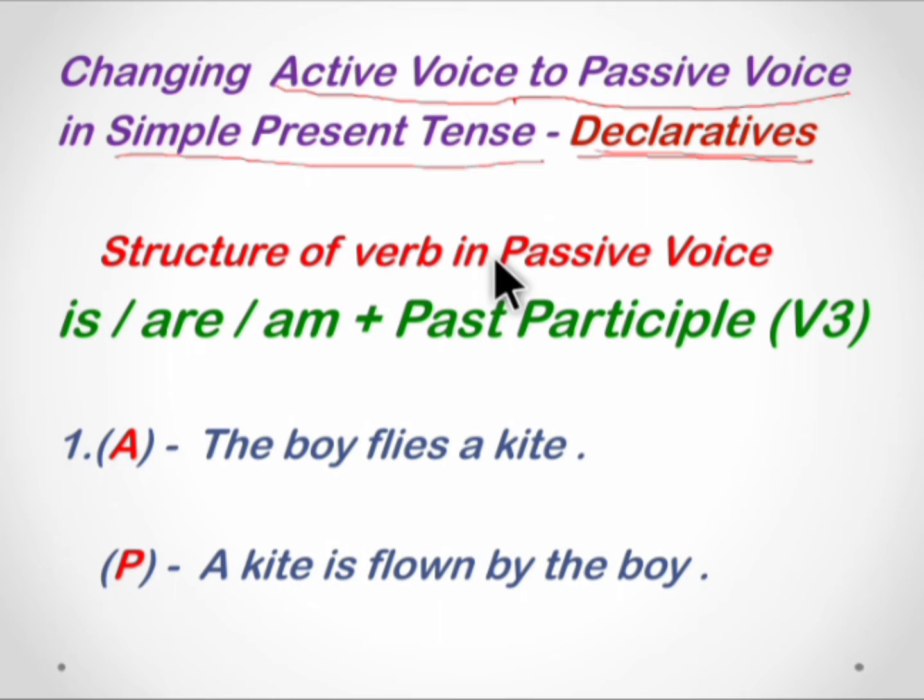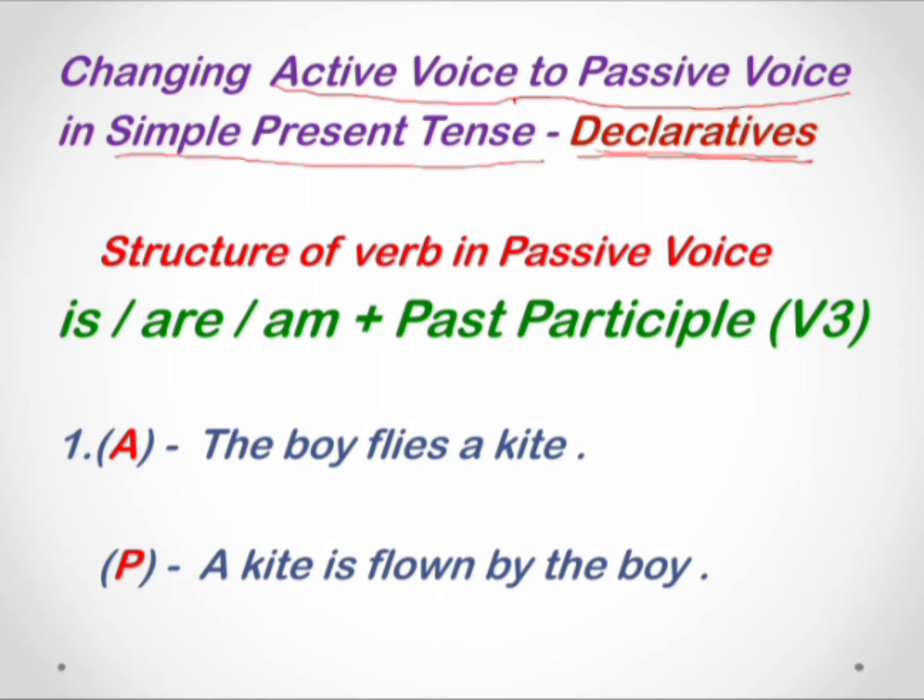The structure of the verb in passive voice. In simple present tense, the structure of the verb in passive voice is: is, are, or am, plus the past participle. The past participle is otherwise called verb 3.